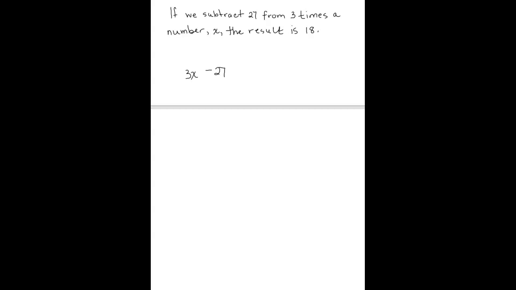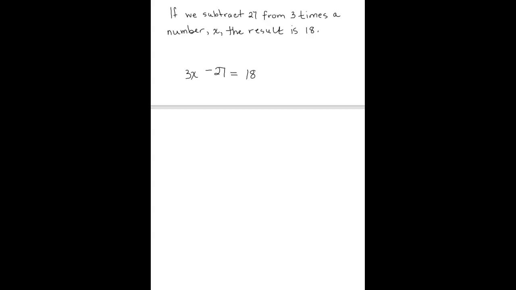The result is 18. Well, the result is the same as equal to 18. So we've written it out. It says we subtract 27 from 3 times a number, x, and the result is 18. So I feel comfortable that we've written this out properly.